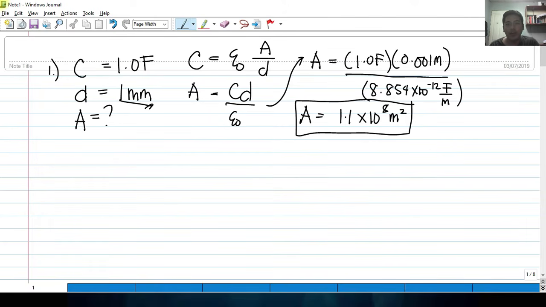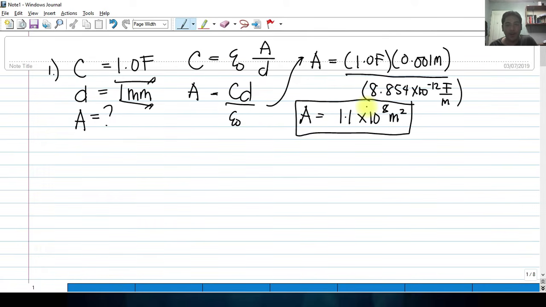Imagine a conductor plate having 1.1 times 10 raised to 8 square meters of area. That's a very large plate. So the 1 farad capacitor is really big. Even in our classrooms, it could not fit in there because this area is very large.